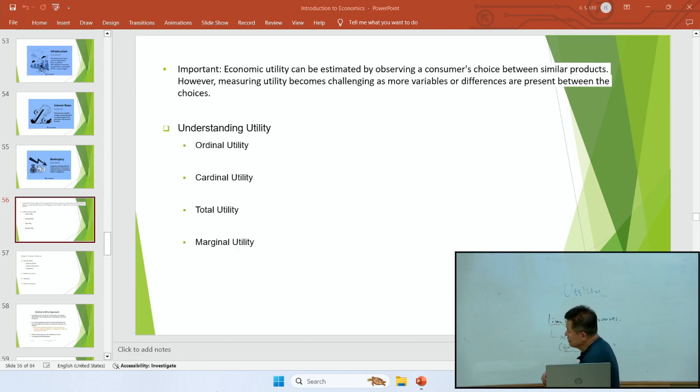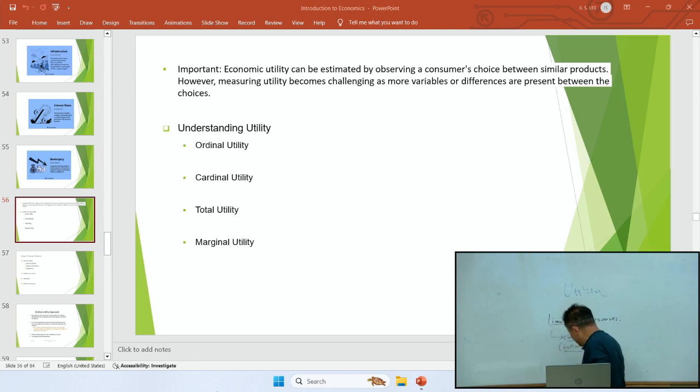For example, person A graduated with a bachelor degree, but person B graduated with an MBA. Who is more powerful? B is better than A. So we compare the education levels, bachelor and MBA. That's why I choose the MBA.